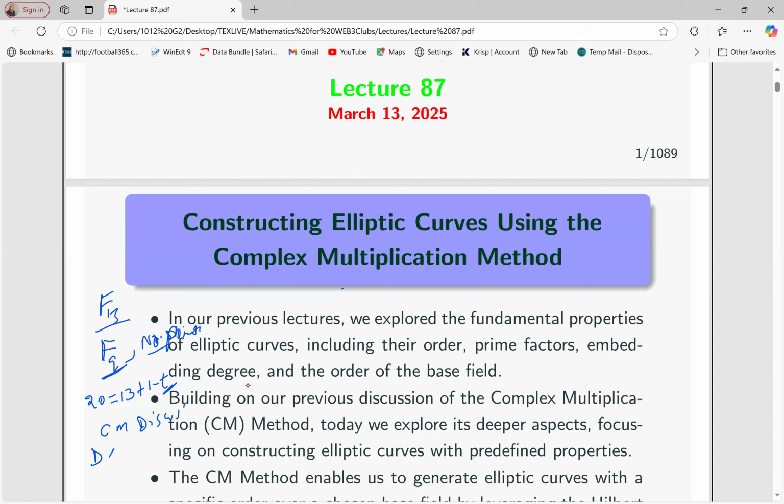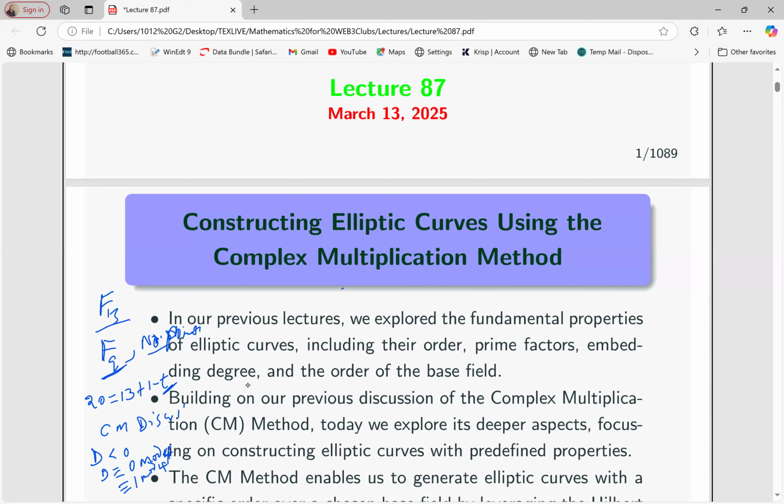One is that the discriminant should be less than 0. The other is that the discriminant should be congruent to 0 mod 4. If this is not the case, then it should be congruent to 1 mod 4. If it's not congruent to 1, it must be congruent to 0.